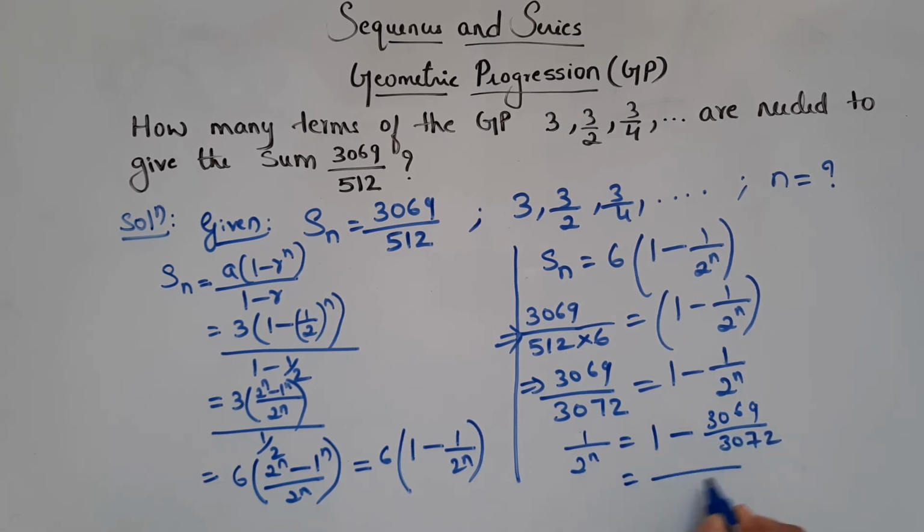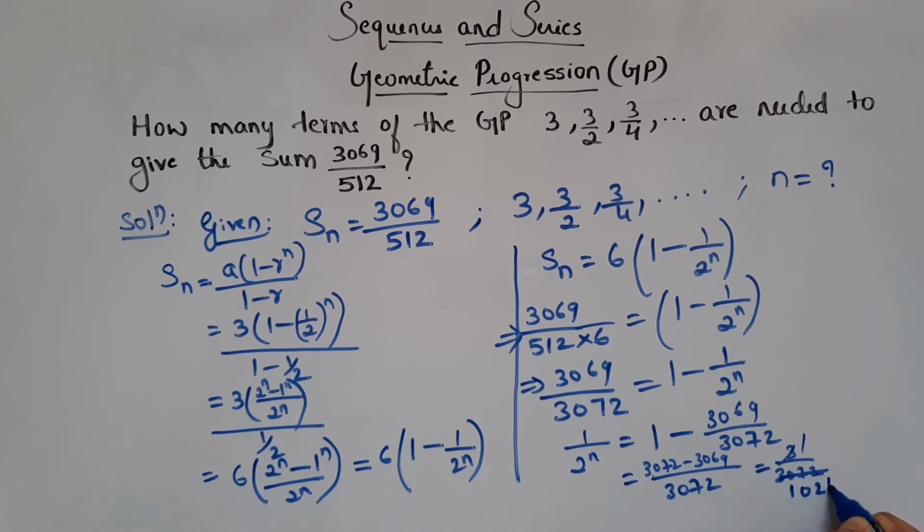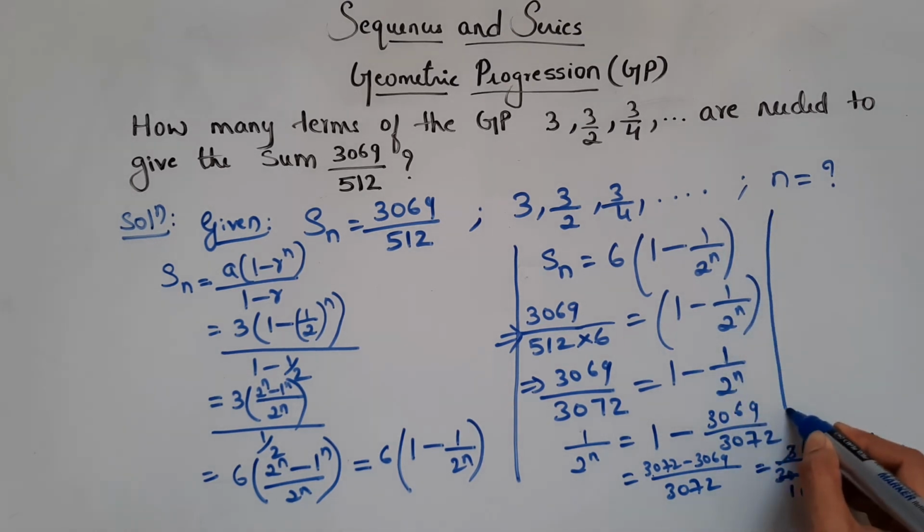Here the LCM is 3072. So 3072 minus 3069 will give you 3. So 3 by 3072. 3 ones are 3, 3 twos are 6, 3 fours are 12, so it is 1 by 1024.